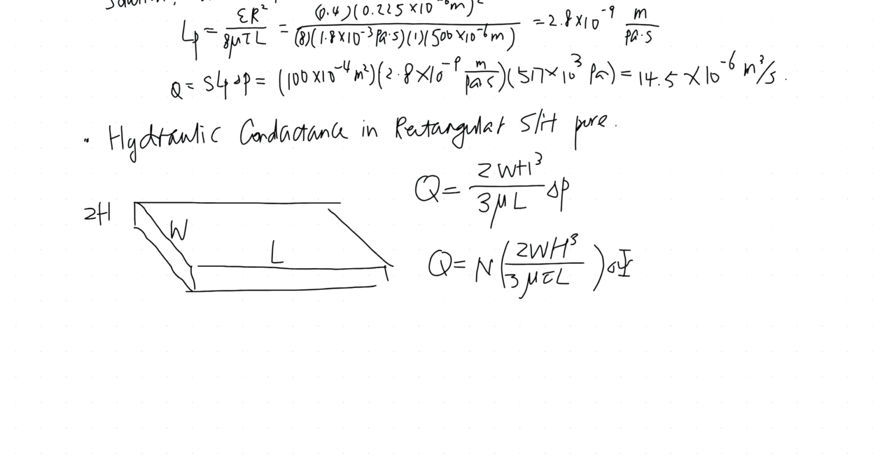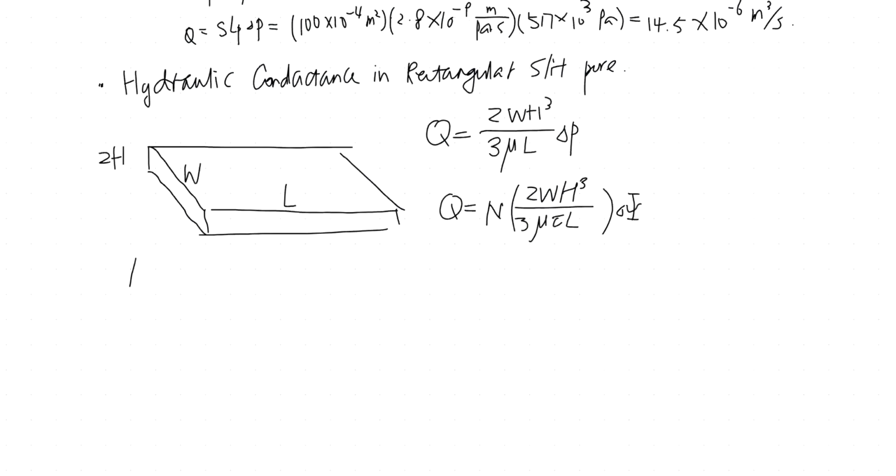Now let's look at the total area from rectangular pores. It is N multiplied by 2hw. This 2hw is the cross-sectional area of a single pore, and if you have N pores, then you multiply by N. So you can rewrite your Q by using the area.